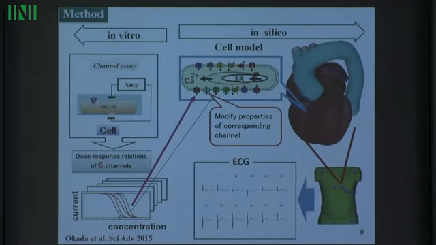This is a kind of hybrid system, so that our collaborators in academia and pharmaceutical companies measure the inhibitory action of the compound on 6 ion channels to provide us this kind of concentration inhibition relationships. Based on these data, we could reproduce the state of function of the cell and the specific concentration of the drug, and also the function of the ventricle composed of those cells to obtain electrocardiogram.